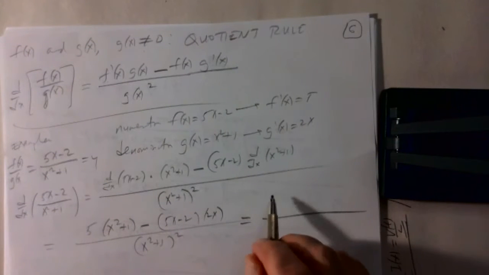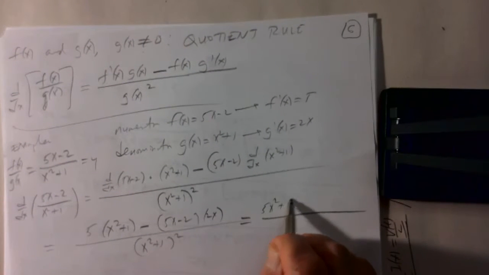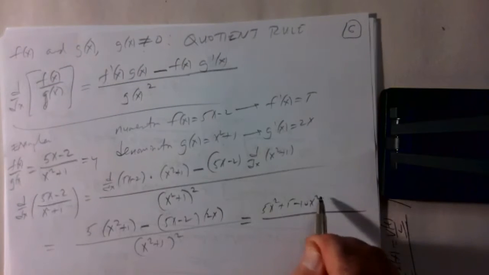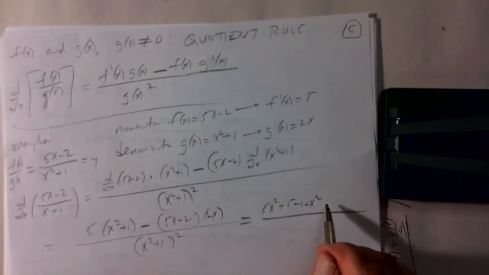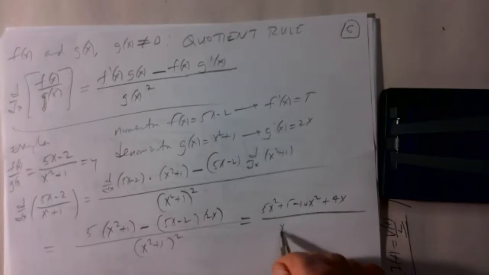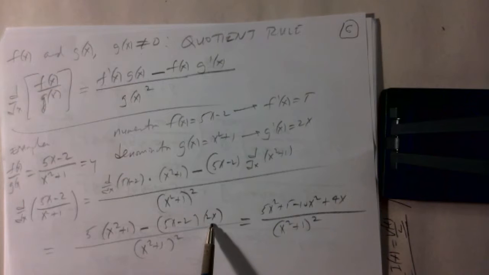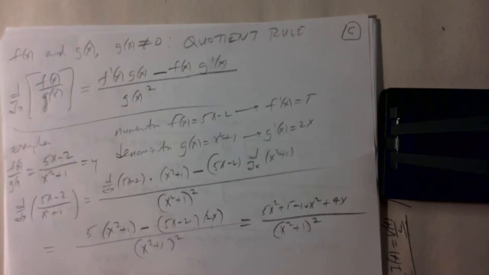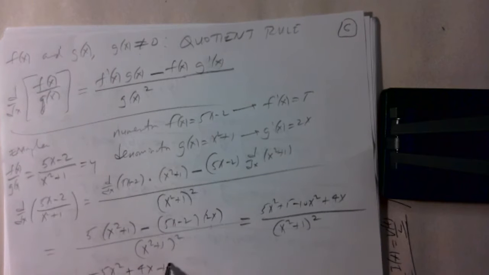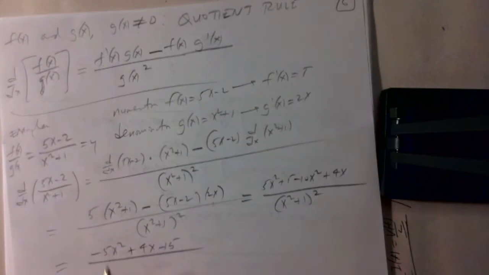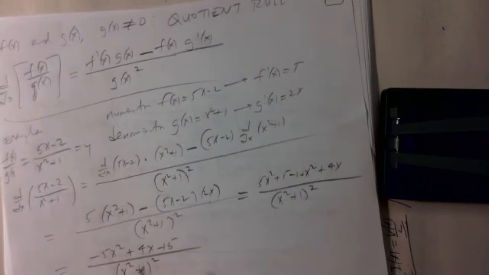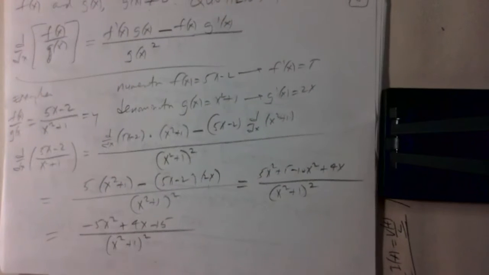So this is equal to 5x squared plus 5 minus 10x squared plus 4x over x squared plus 1 squared. And 5 minus 10 is minus 5x squared plus 4x plus 5 over x squared plus 1 squared.